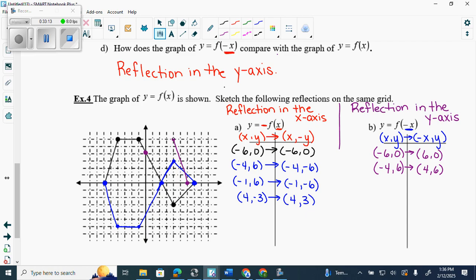And then I have -1, 6. Is going to become +1, 6. That connects to there. And then I have 4 and -3. It's going to become -4, -3.